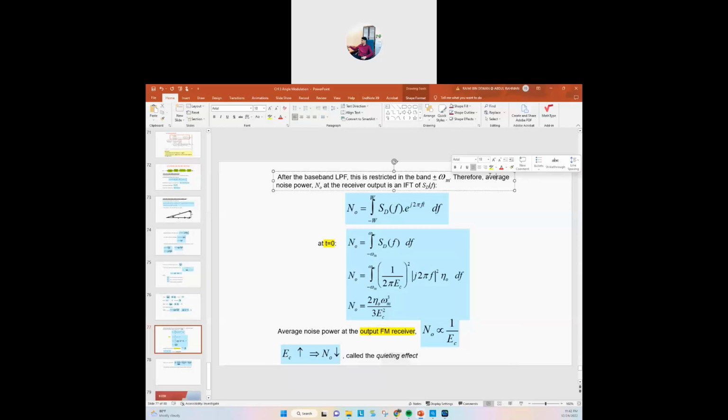Remember this is the average noise power and not the desired message signal. So increasing E_C will result in a reduction of the average noise power N0. This is called the quieting effect.